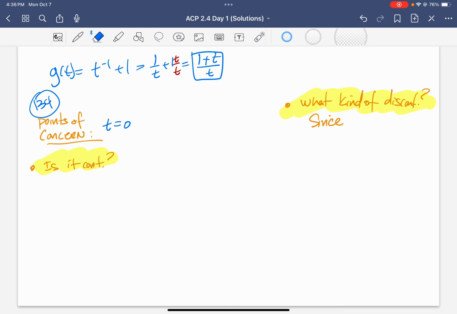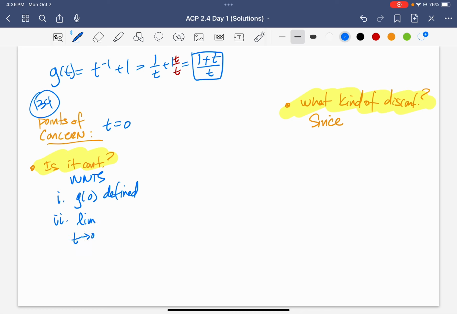I have to check 3 things. So we need to show, number 1, that g at 0 is defined. We need to show that the limit as t goes to 0 of g of t exists. And then number 3, the limit as t goes to 0 of g of t is the same as g of 0, and they match up.